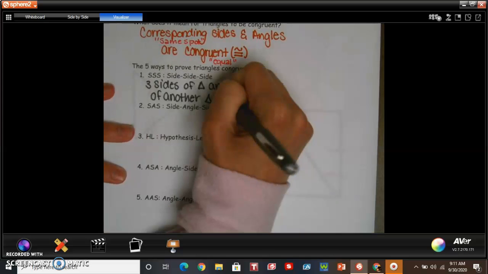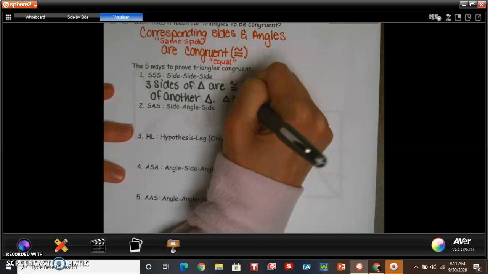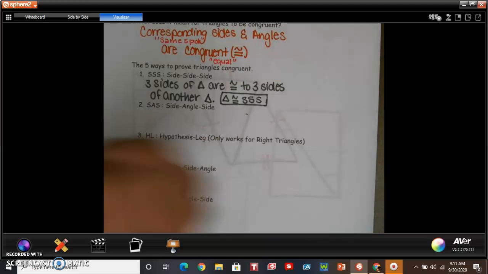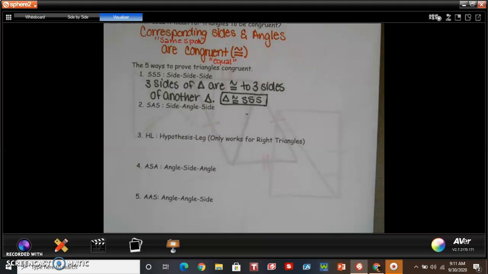Then you can say that those triangles are congruent by side, side, side. So if you notice, there's a lot of abbreviation done here. We do little mathematical sentences, okay? And I'm going to provide you with all the examples I possibly can.